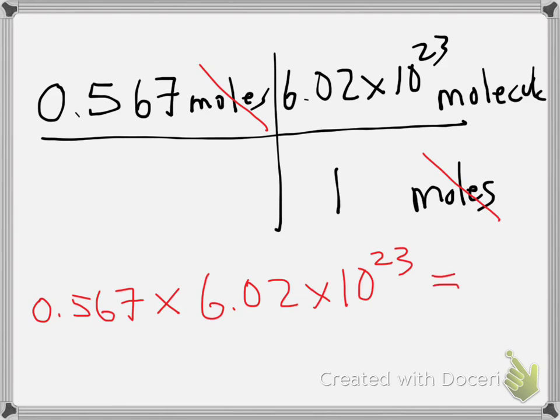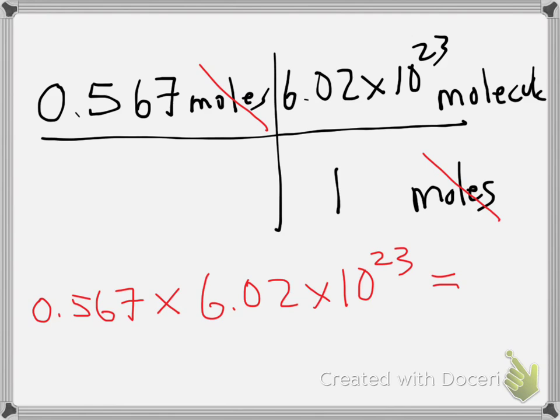If you think about it, it's going to be slightly more than half of Avogadro's number. So again, just remember that when you're going from moles to molecules, you multiply by Avogadro's number, and when you're going from molecules to moles, you divide by Avogadro's number.